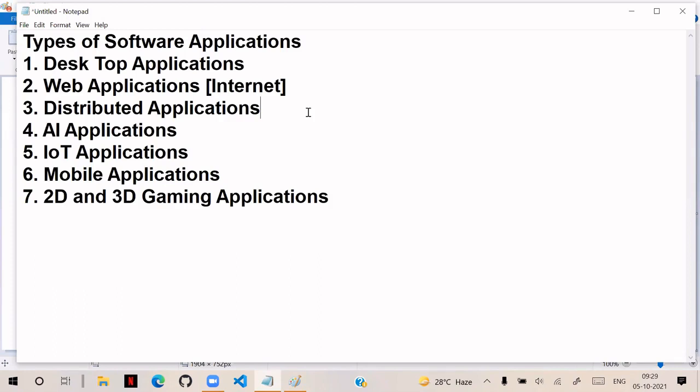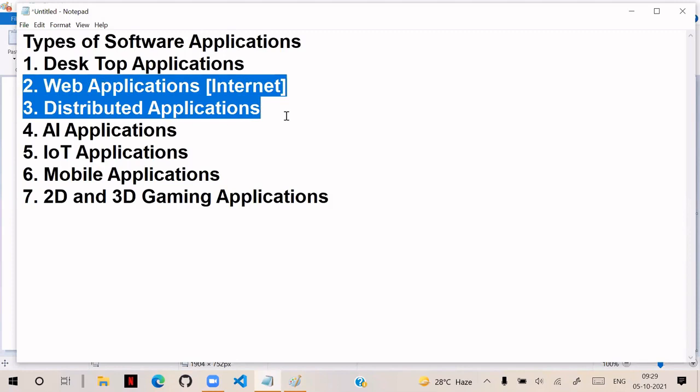People sit on a bike, they can drive the bike, that shows on the screen. All these come under the category of 2D and 3D gaming applications. So software applications are classified into so many types. In our UI technologies, our main target is these two.